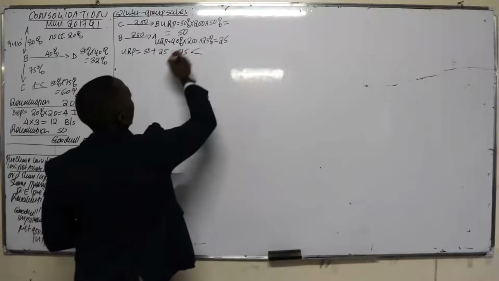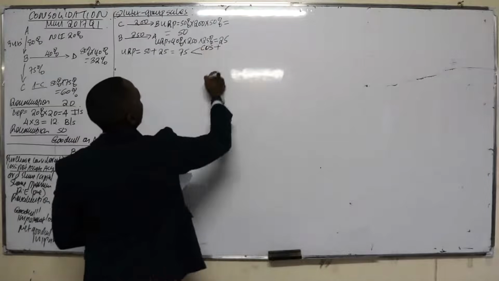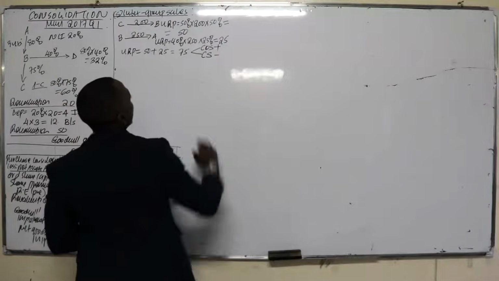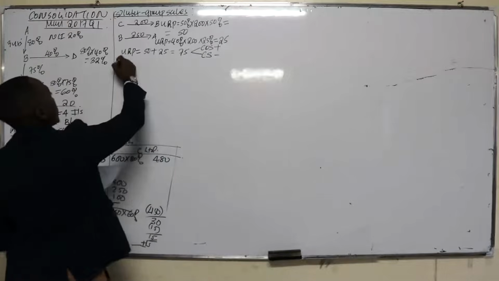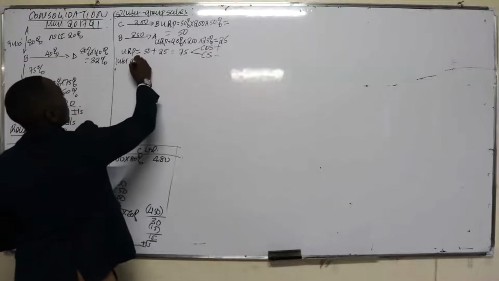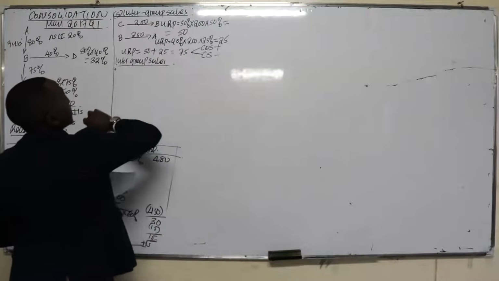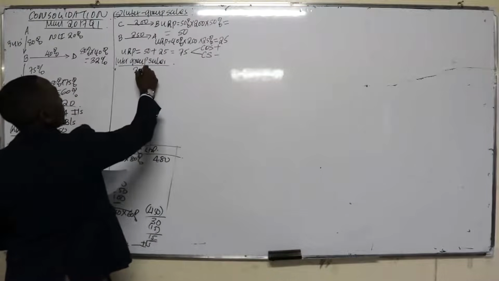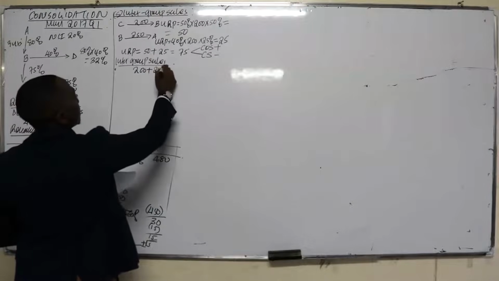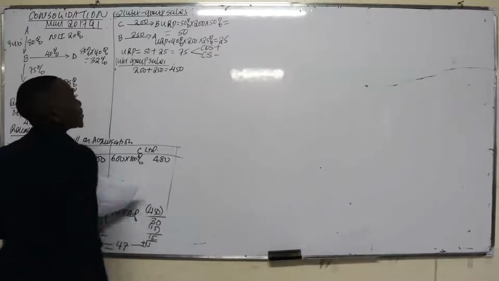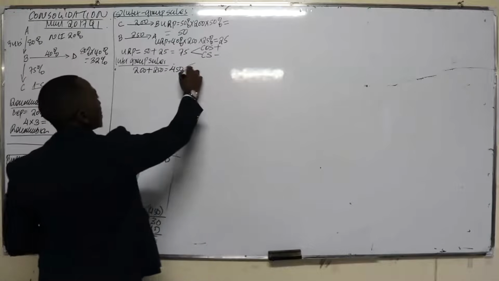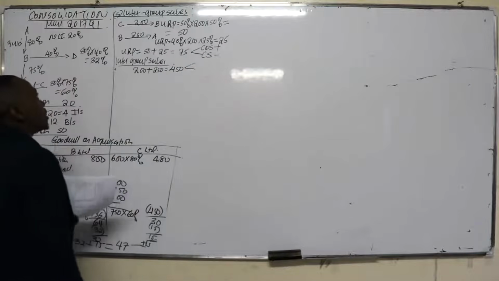We say that the unrealized profit, you add it to cost of sales, you eliminate from the closing stock. Then we have intergroup sales. We had 200, then you add 250, the total is 450. We say that you eliminate from both sales and cost of sales.